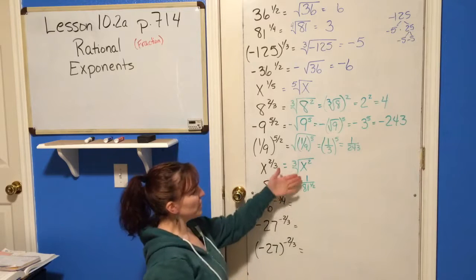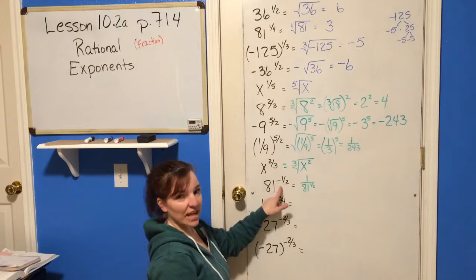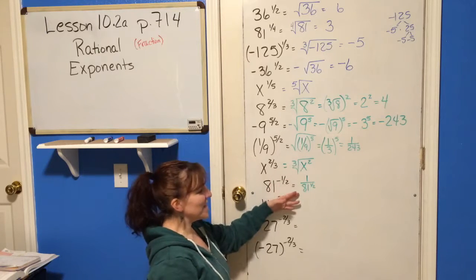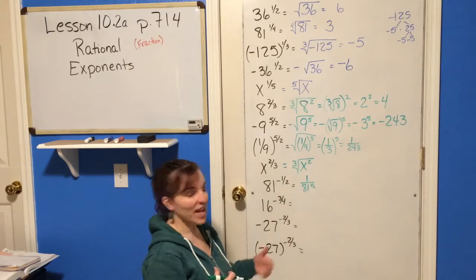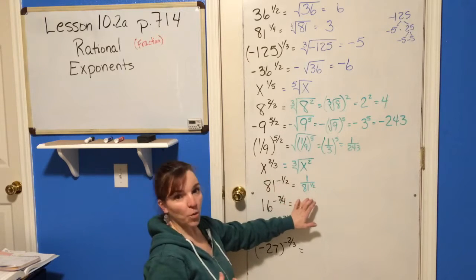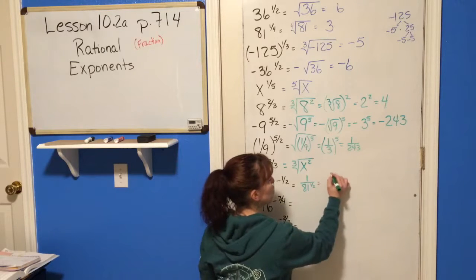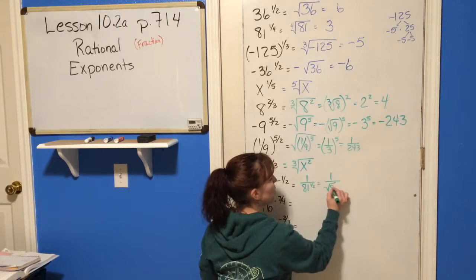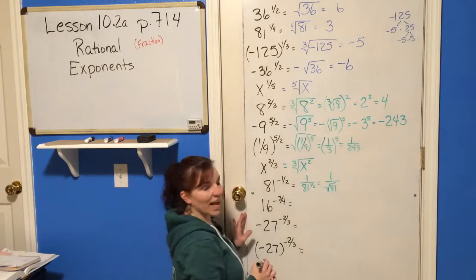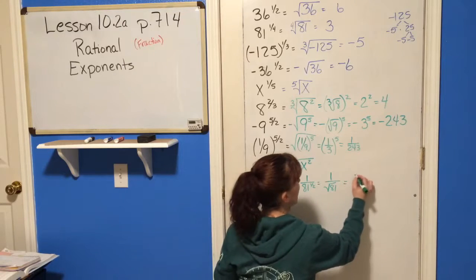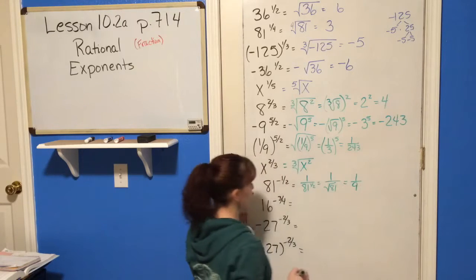Now, do you notice when I flipped it into the denominator, I lost the negative, okay? Now it's in the denominator, so now we don't have to have the negative. We already dealt with the negative, okay? It went away. So now this is the same as 1 over the square root of 81. And I know that 9 times 9 is 81, so that is 1 over 9.